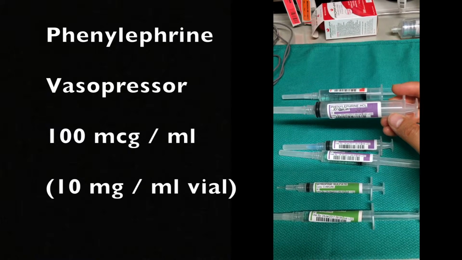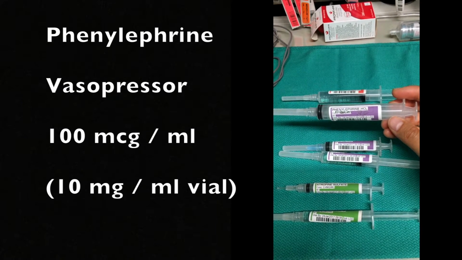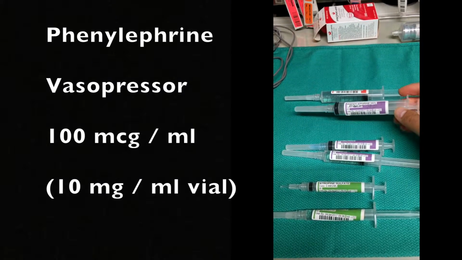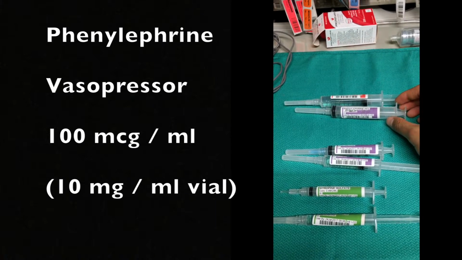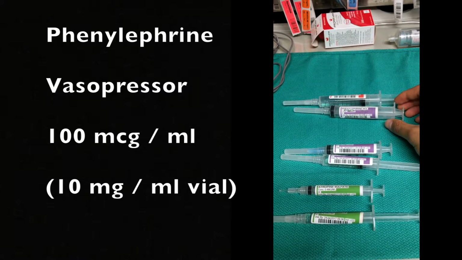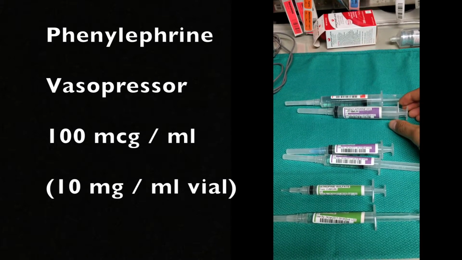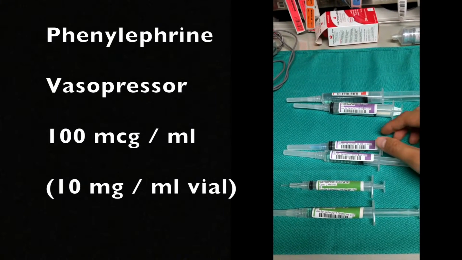It usually comes in a 10 milligram a ml vial, and in order to dilute it to the concentration we need, we usually have to put the 10 milligrams in a 100 milliliter bag of NS, and then if you take 1 mil from that bag, it will equal 100 mics. So that's one way you can dilute that.